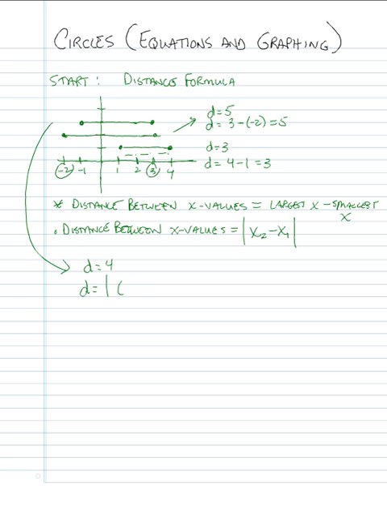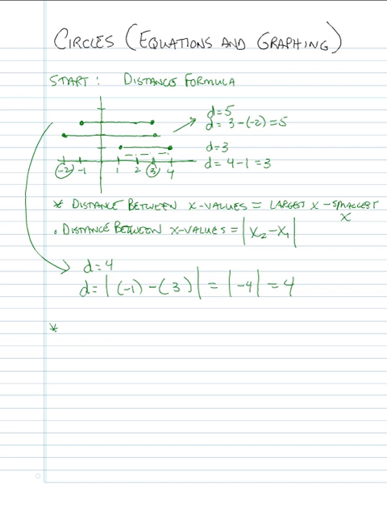Well, one of the x values is -1, and subtract the other x value, and the x value is 3. Now, if we take the absolute value of that difference, you can see here negative 1 subtract 3 is a negative 4, and since we have absolute value, we're going to get a result of 4. So the distance between x values is just the absolute value of the difference of the two x values.